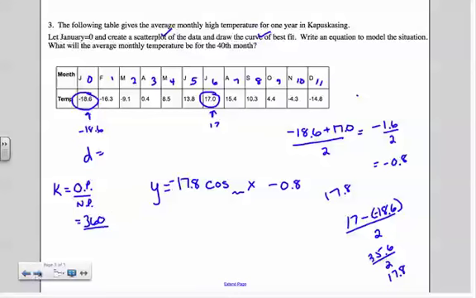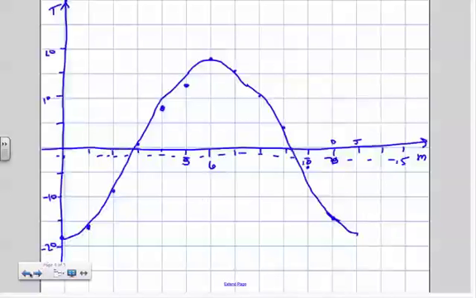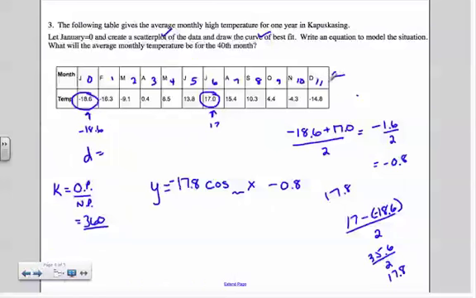Well, you can look at the graph to see it, or you can say, well, wait a minute, these are months. 1 year is a cycle, so it takes 12 months to complete one cycle. So I'm going to do 360 divided by 12, which should give me 30. So then the equation is y equals negative 17.8 cos of 30x minus 0.8.